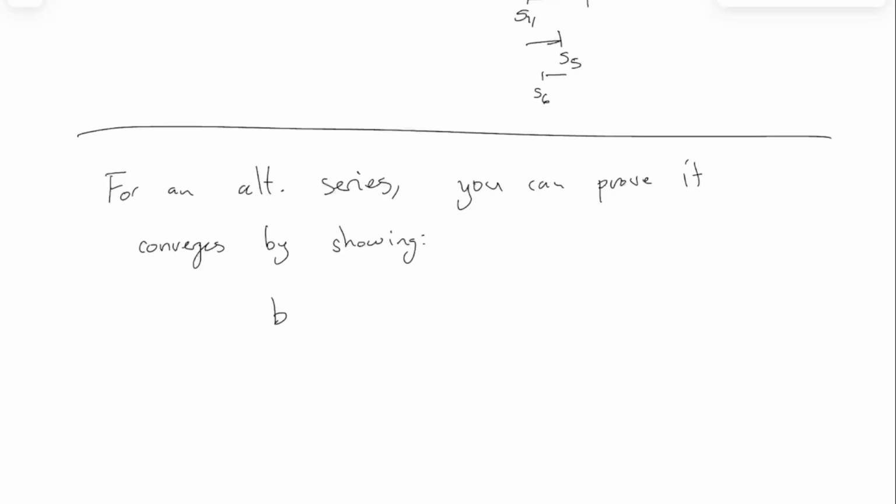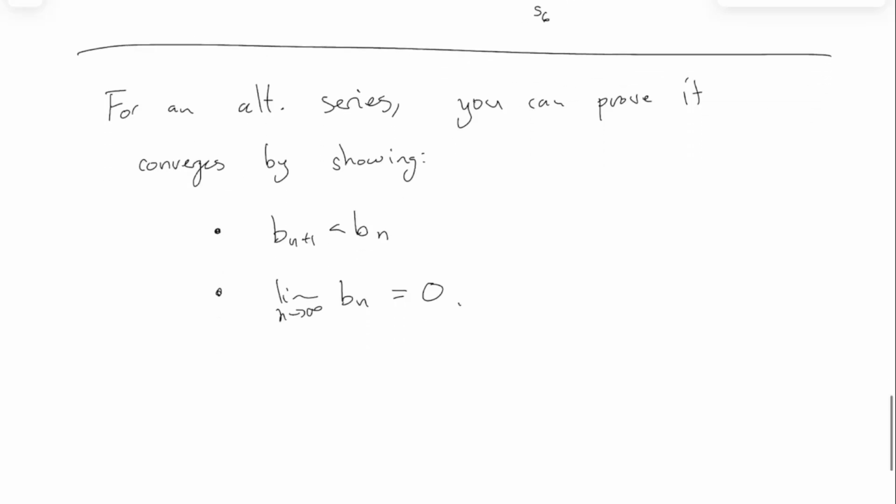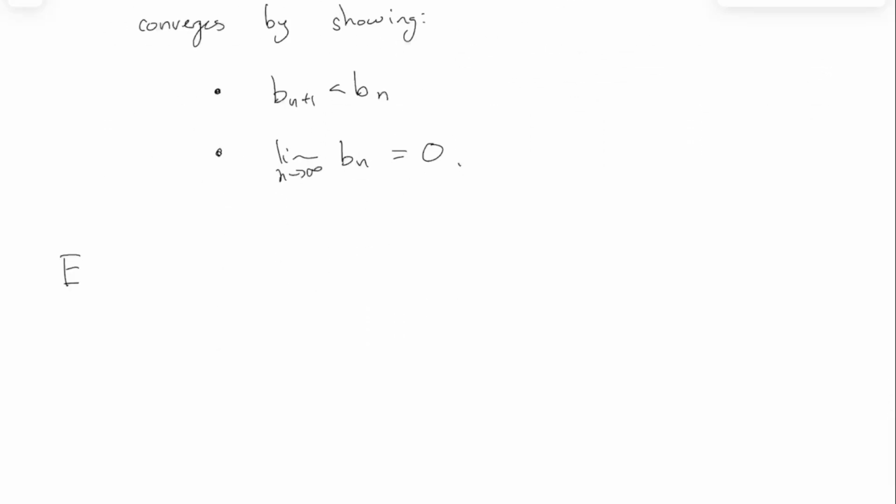The first is that b_{n+1} is less than b_n. And the second thing would be the limit as n goes to infinity of b_n equals 0. All right? Provided you can do those two things, then you will have shown that the alternating series converges.